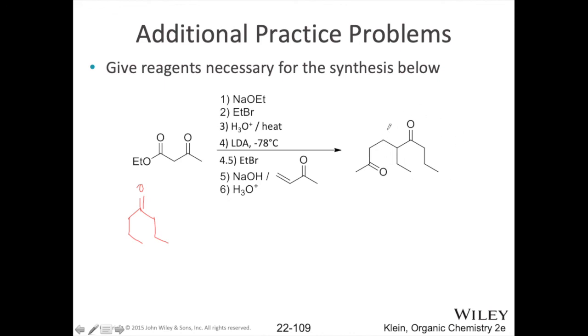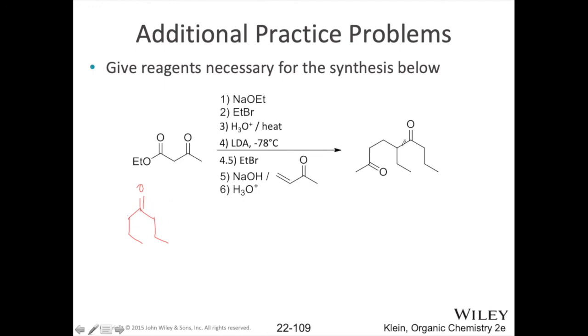Okay, so now for this half of the molecule, again, note that we are essentially doing a Michael reaction. Again, notice the distance between these two carbonyls. So if we look at this half of the molecule, here between these alpha and beta carbons, we could consider this carbon here, one of these alpha carbons, which, by the way, is completely symmetrical, right? So it doesn't matter which of these we deprotonated.